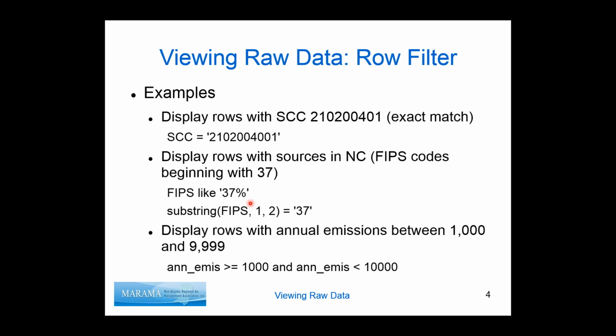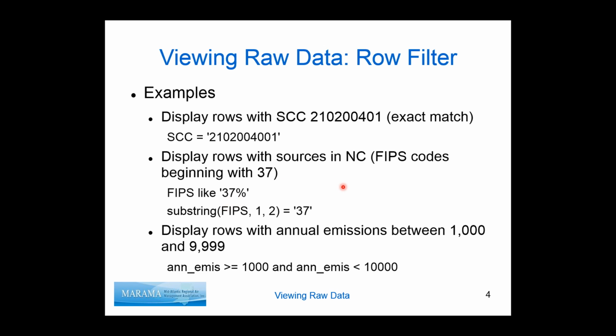So instead of using an equal sign like we did with the SCC equals, we can use the operation like. What this means is we want to find data from the FIPS column that's like our string 37. And the percent sign here is our wildcard character. So my string needs to start with 37, and then we have the wildcard character. Anything after 37 is okay.